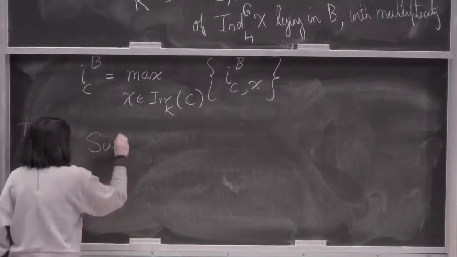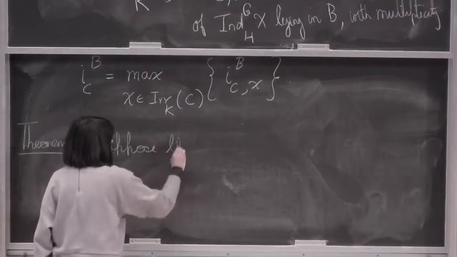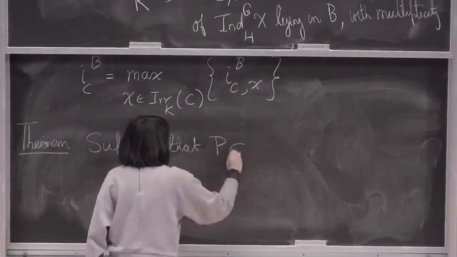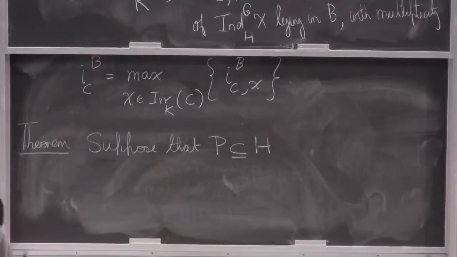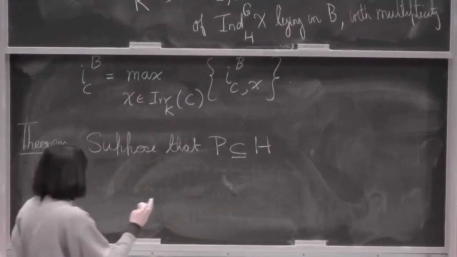So I'm going to suppose that B and C have a common defect group.